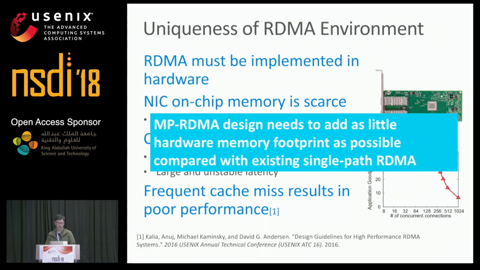So this gives us the insight that the MP-RDMA design should add as little hardware memory footprint as possible compared with existing single-path RDMA, so it can support the same number of concurrent connections in the on-chip memory and the performance will not degrade.